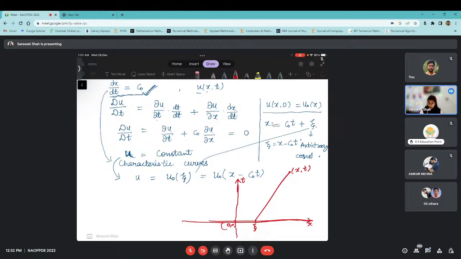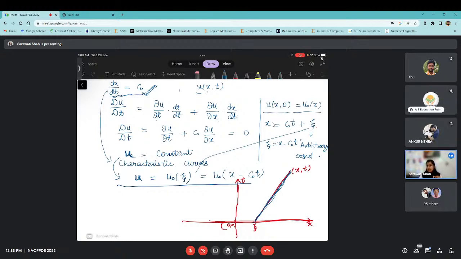It means the information of u goes along this curve, because u is constant, only x and t change. So this u is constant along this curve, that is a straight line. It means along this characteristic line, u is a constant.